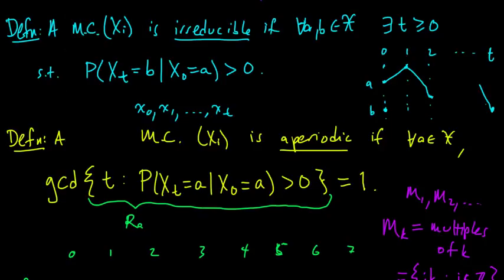So when we have an irreducible Markov chain, then this property holds for all states if it holds for at least one of those states. So if there exists some a in X for which this holds, then in fact it holds for all a in X. So irreducibility gives you that very handy way to more easily check aperiodicity.